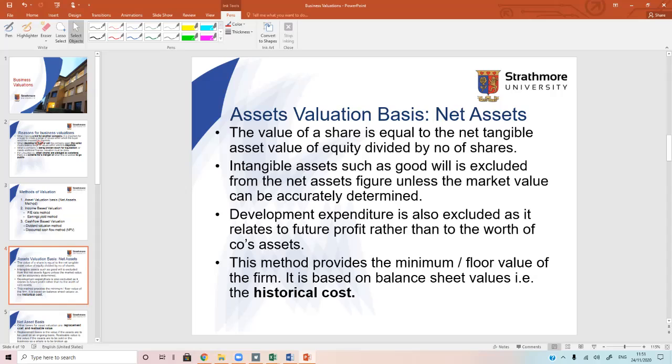For example, a motor vehicle: you can dispose of a motor vehicle independent of the company, but you cannot go to the market to sell goodwill independent of the company. Those assets don't have an independent value, so we exclude them when determining the company's total asset value.